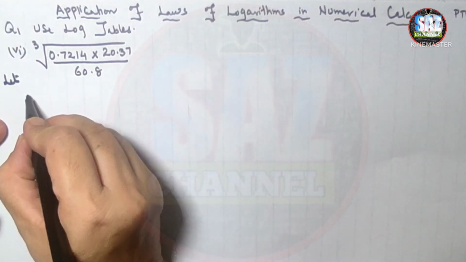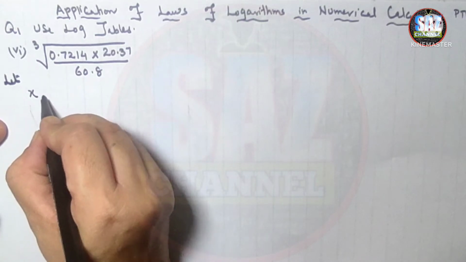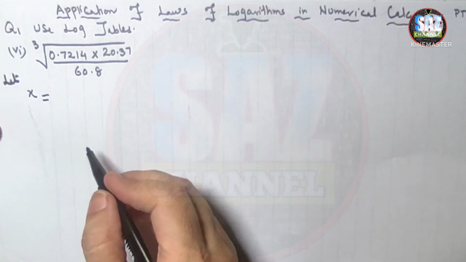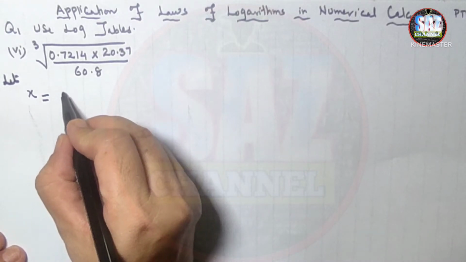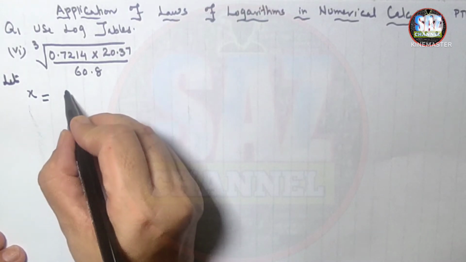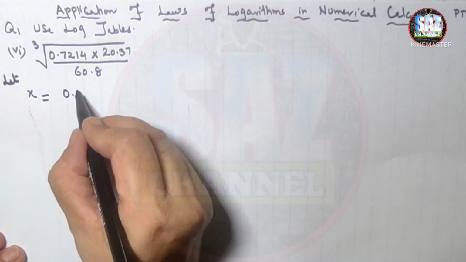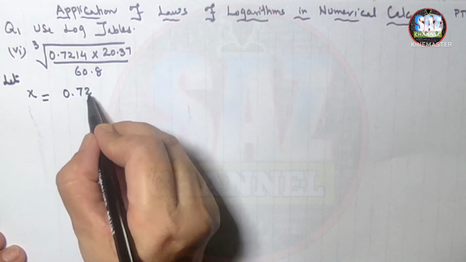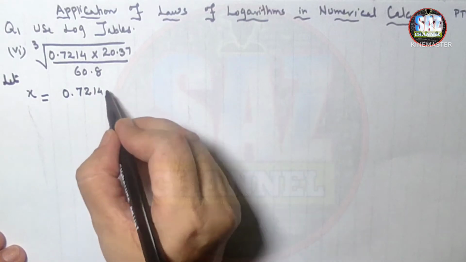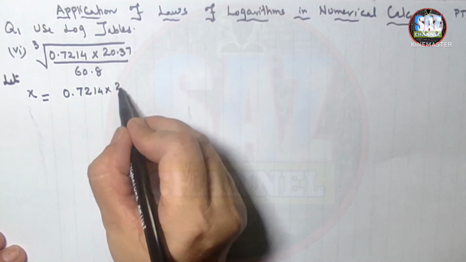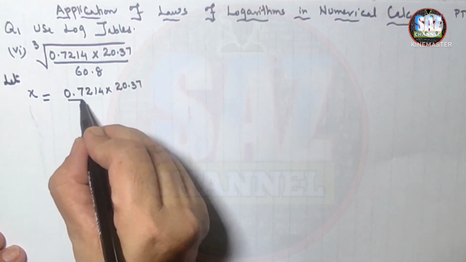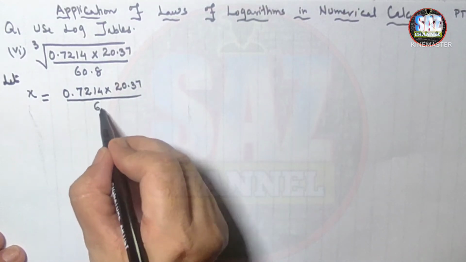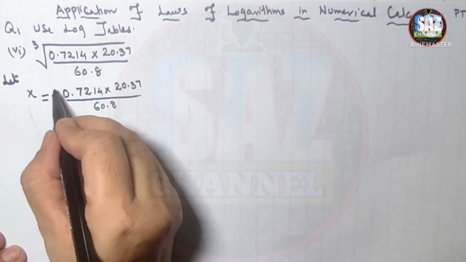Let x equal, I will be going really slow because these questions are a problem for some of my students, and at this stage class 9 is too young to understand all these concepts. So this will become the cubic root of 0.7214 multiplied by 20.37 upon 60.8.